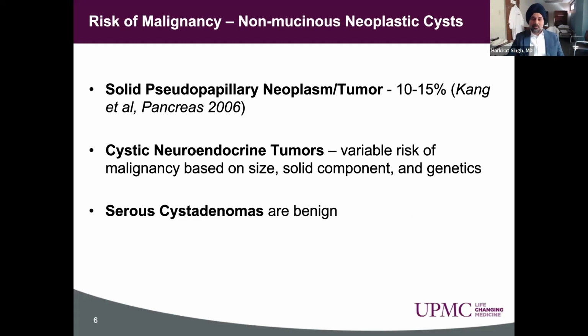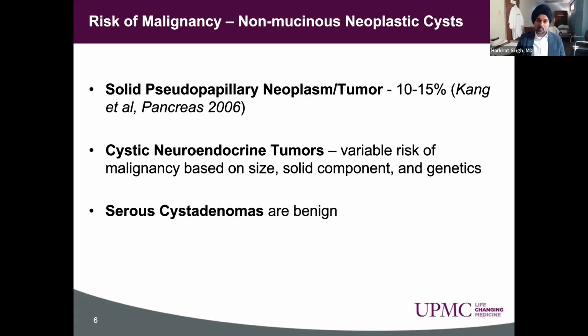The easy part, we're going to go through in this one slide, and then we'll get to the difficult part: what is the risk of malignancy in non-mucinous neoplastic cysts, the three kinds of cysts that we talked about. The first one is solid pseudopapillary neoplasms. We know from surgical series that when a solid pseudopapillary neoplasm is removed, almost 10 to 15% of them have an invasive component, or they are malignant.